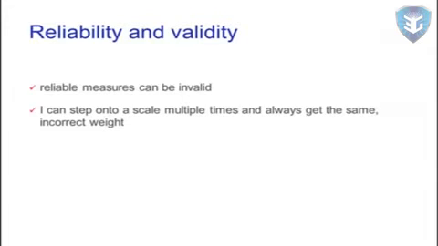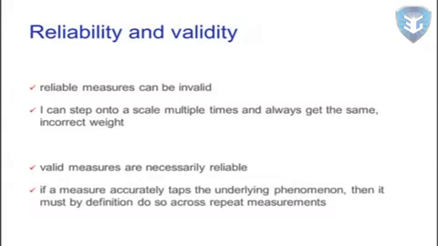But what if this weight is incorrect? Such a scale would be reliable, but not valid. Also note that valid measures are necessarily reliable. That is, if a measure accurately taps the underlying phenomenon, then it must by definition do so across repeat measurements.